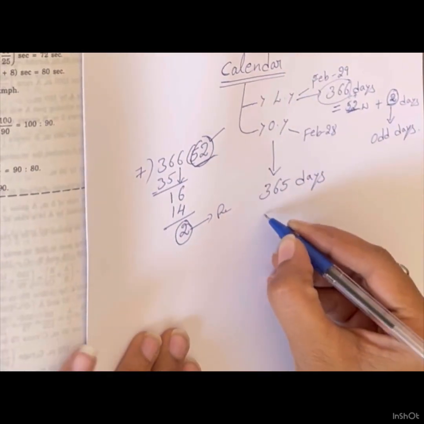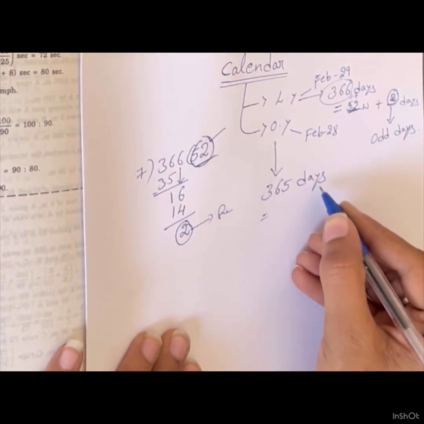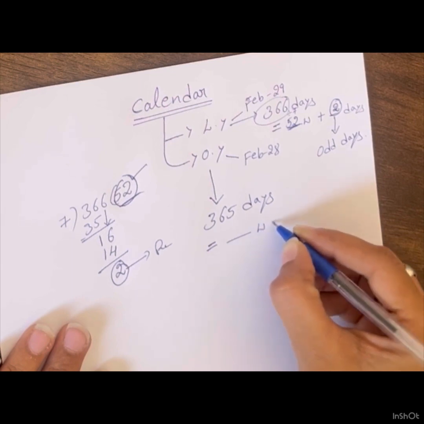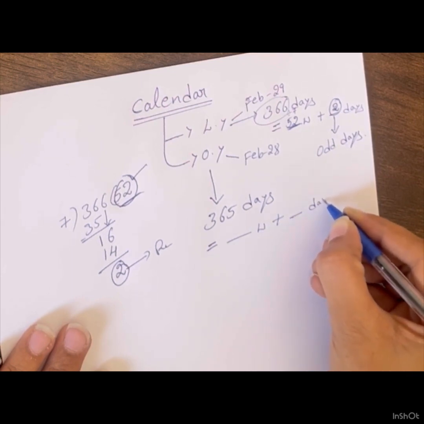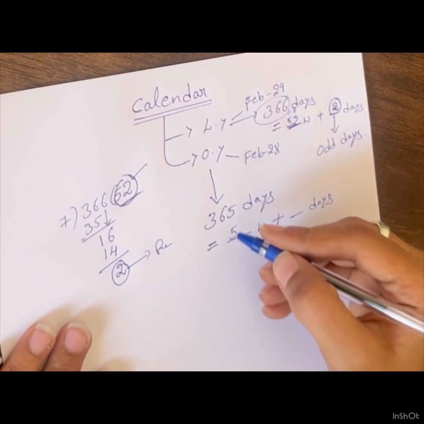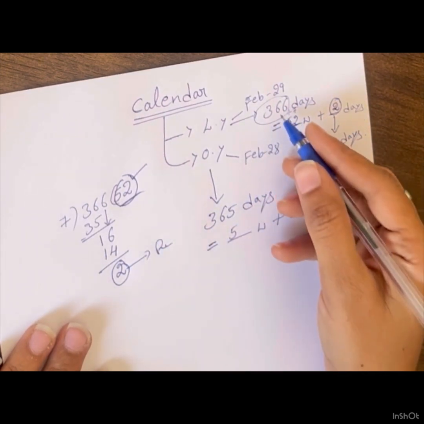Coming to the ordinary year, here 365 days are there. These 365 days can be converted into some weeks plus some days. This is also 52 weeks, but compared to the leap year, the remainder here is 1 less.